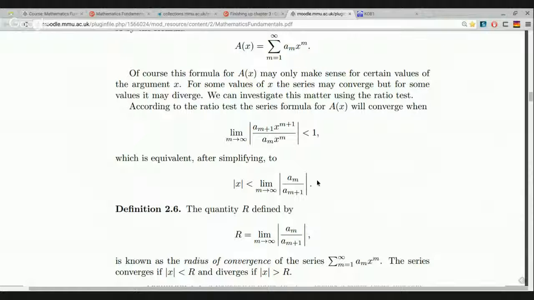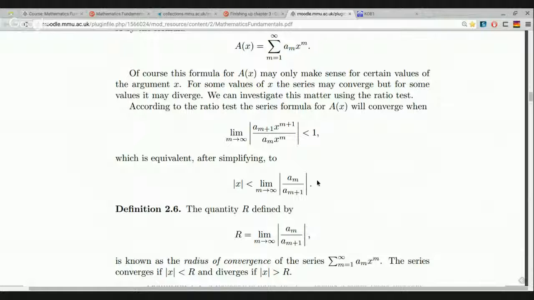Of course, you can immediately cancel the x's here. So this is the limit as m goes to infinity, and this is a_(m+1), and you're just left with an x on top, divided by a_m. You've got x to the power m+1 on the top, x to the power m on the bottom.